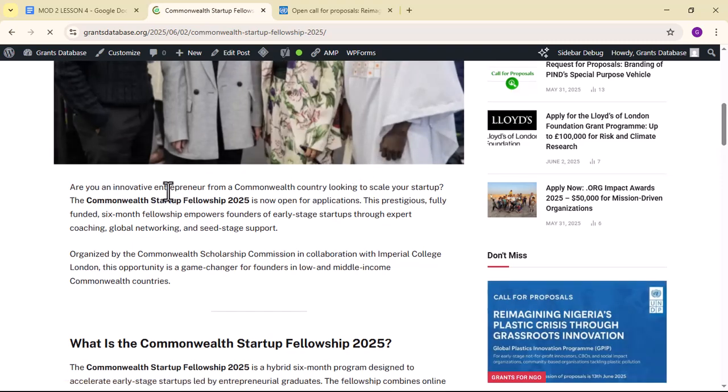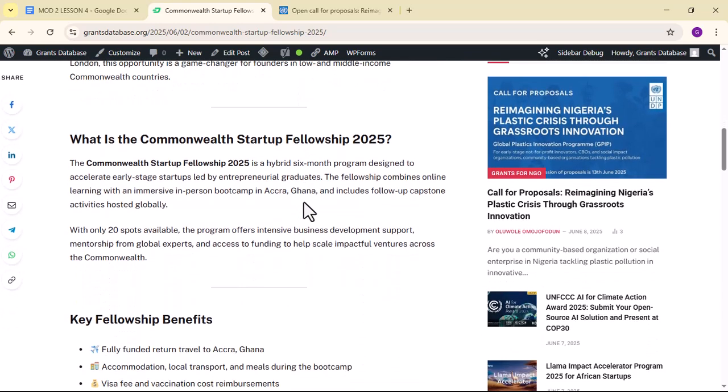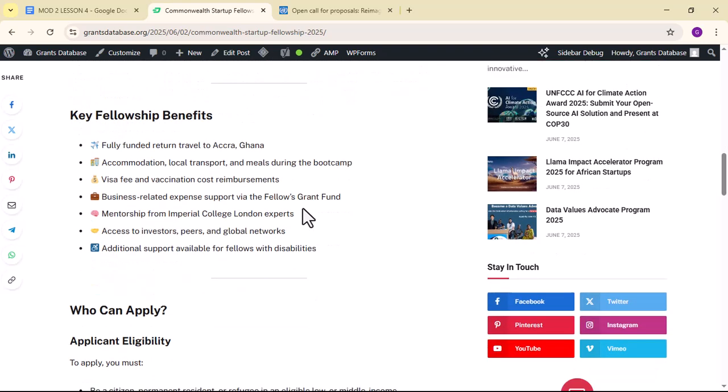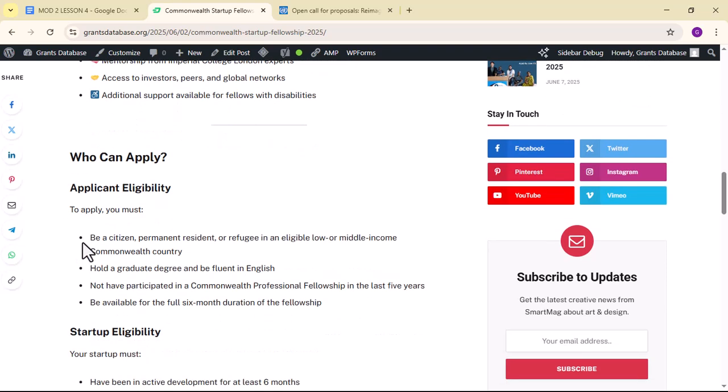Are you an innovative entrepreneur from a Commonwealth country looking to scale your startup? The Commonwealth Startup Fellowship is open for application. Fellowship means individual application. Only individuals can apply. So let's look at who can apply.